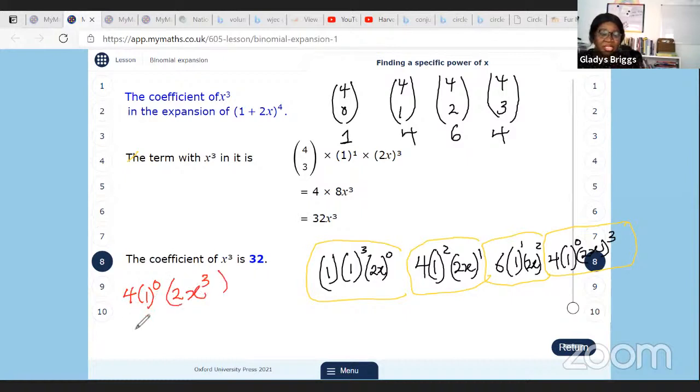Yeah, this is 4 times 2 to the power of 3 times x to the power of 3. Yeah, 4 times 8 times x to the power of 3. That's 32x to the power of 3. Okay?